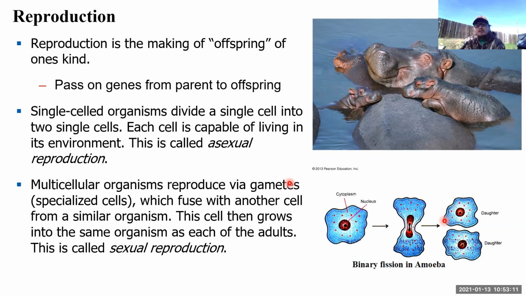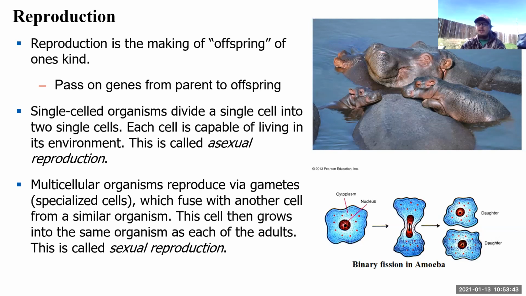There's two different ways reproduction can happen. You can have asexual reproduction, which is where things like single-celled organisms will divide and form two identical daughter cells, like we have binary fission of an amoeba here at the bottom. And then you can also have sexual reproduction where two gametes fuse together, sperm and eggs, for example, and they generate a zygote or an embryo that will then grow into an adult.